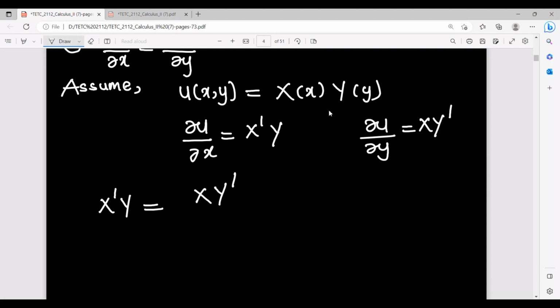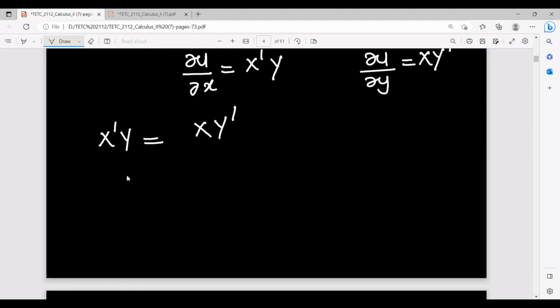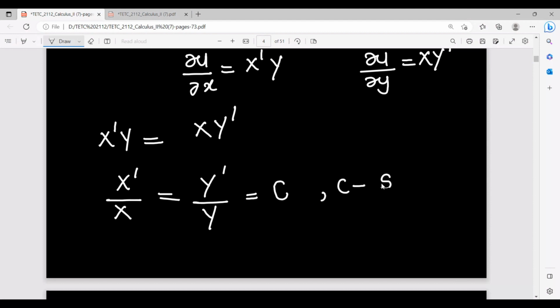∂u/∂x is this, ∂u/∂y is this, and those two are equal. Since we are using the variable separation method, variable separation means taking one kind of variable to one side and simplifying. So we take the x terms together and the y terms together. So we can write X'/X equals Y'/Y. And to make our solution process easier, we write this as equal to some constant C. Here this capital C we call the separation constant.